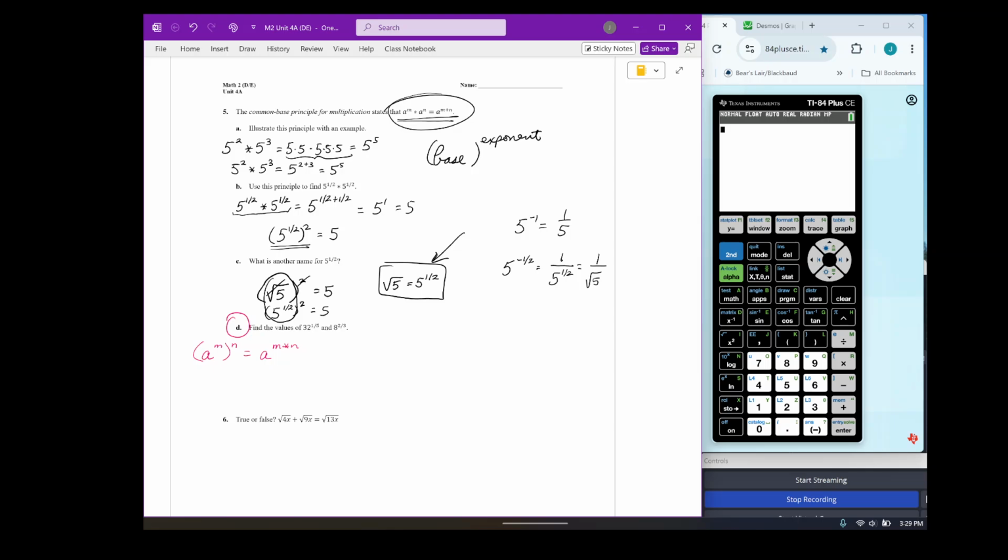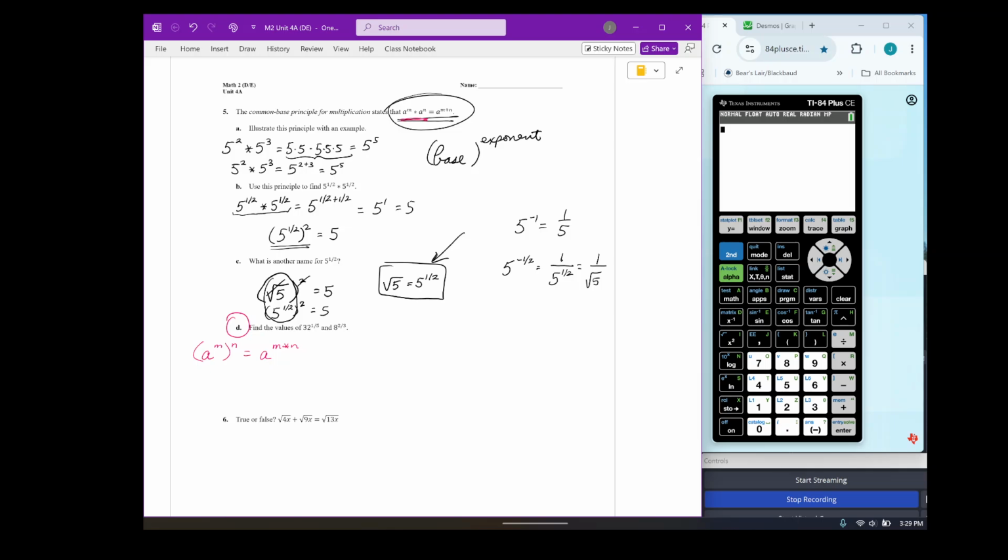So this one's a little different, right? This is a to the m times a to the n, and then it ends up in a sum of exponents. Down here, it's a to the m all raised to the n. So it's a to the m times a to the m times a to the m, there are n of them. And that turns into this.